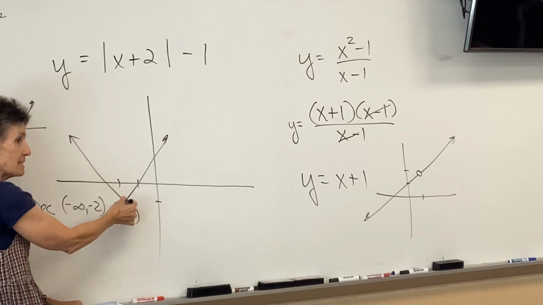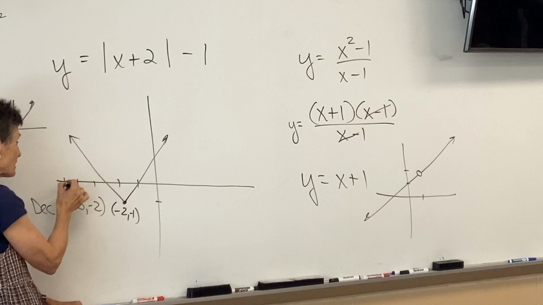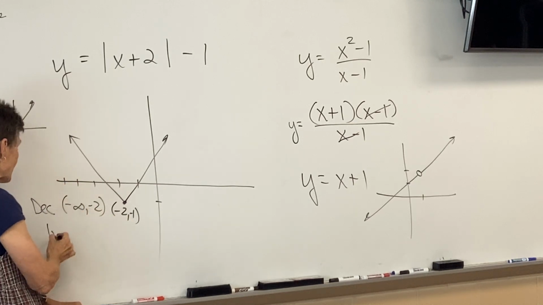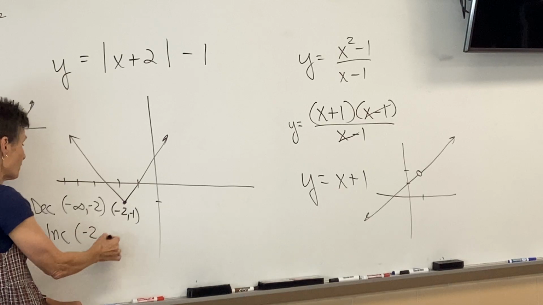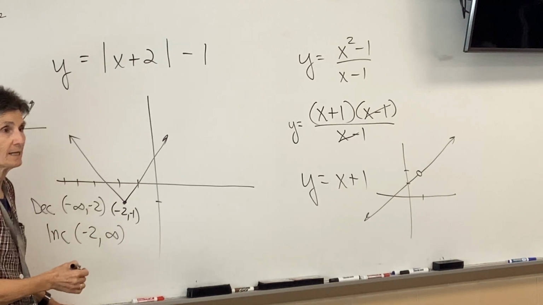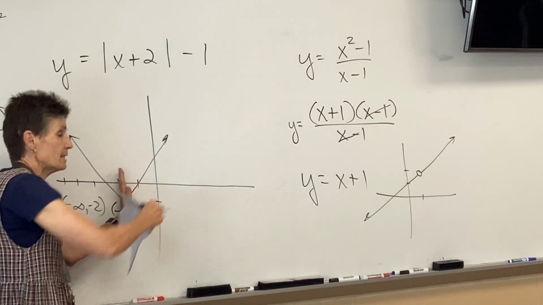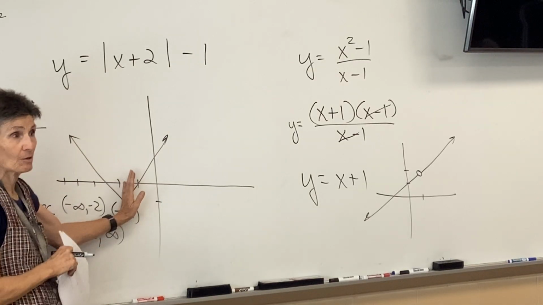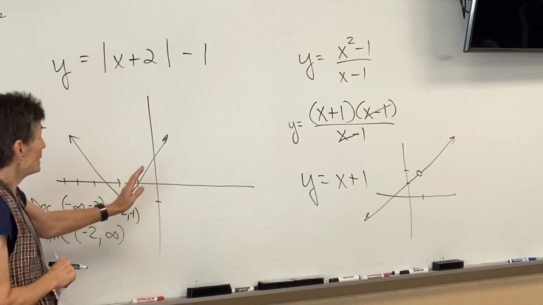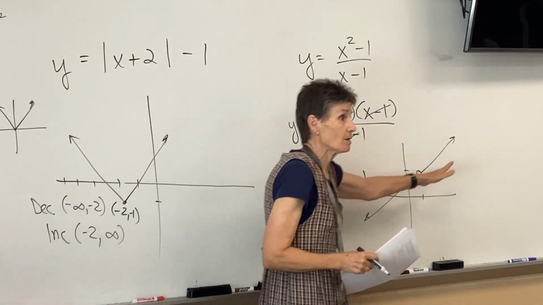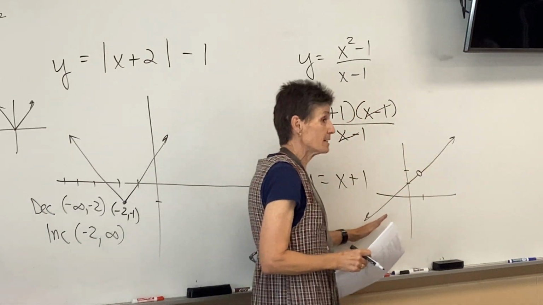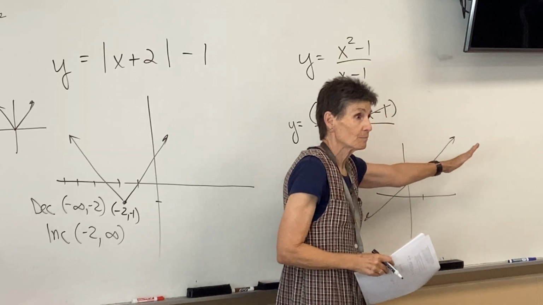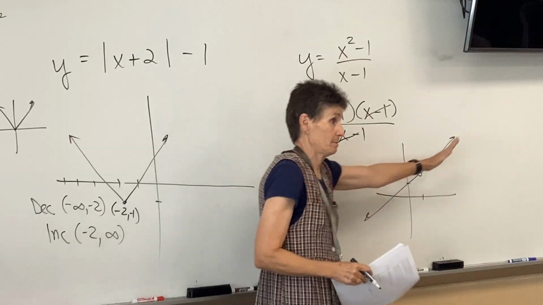And we're talking about x values now. And then it's increasing from negative 2 to infinity. Now, this other one, on the other hand, is only increasing, left to right, going up.